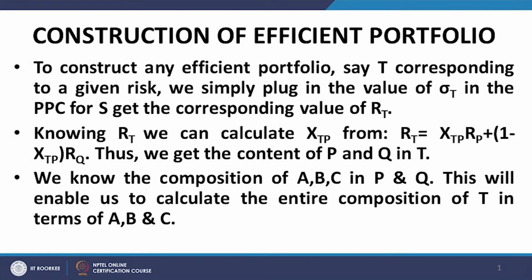We are given the risk sigma t. We solve this portfolio possibilities curve equation, and given sigma t we can find out r t. Now, we have r t is equal to x t p r p plus 1 minus x t p r q. So, this is the second step.